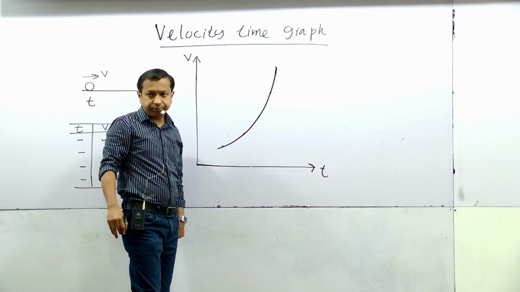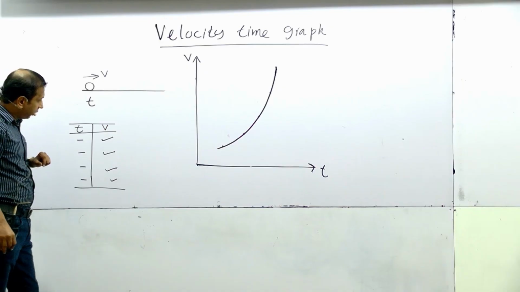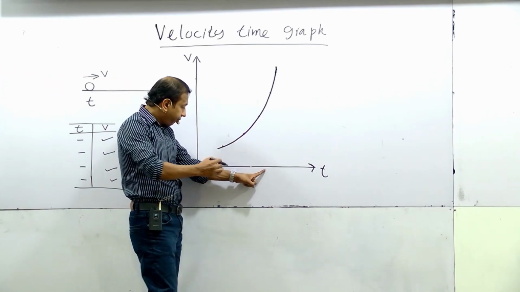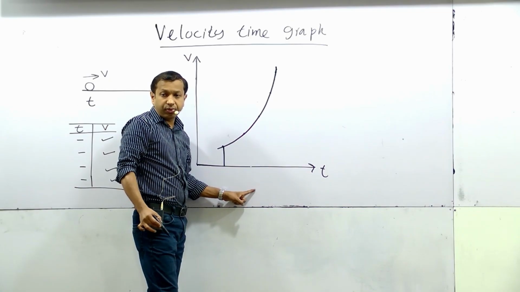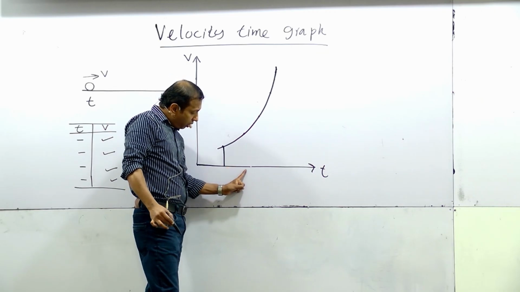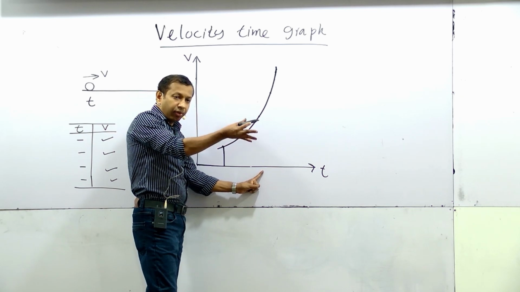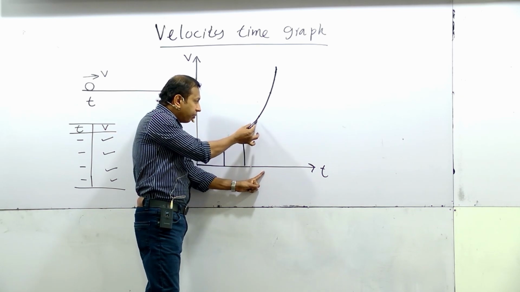Understand? Right. Now, secondly, when we go along this time axis, this height always gives what? Velocity. When we move along the time axis to the right, time is increasing, no? With the time, the height increasing means velocity is increasing.